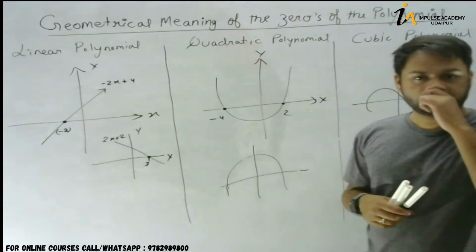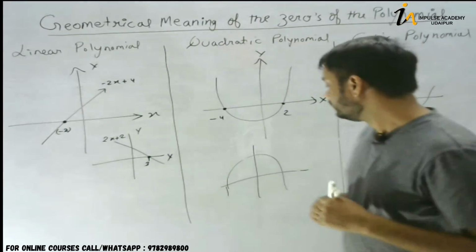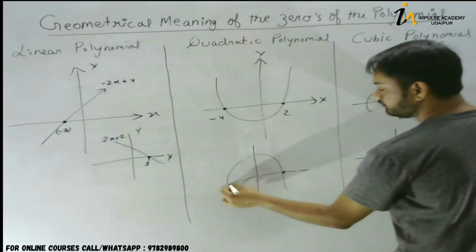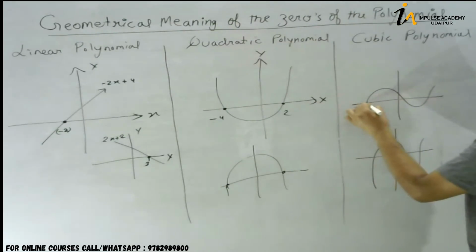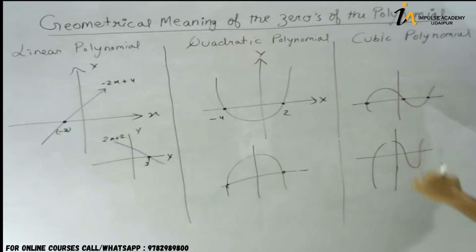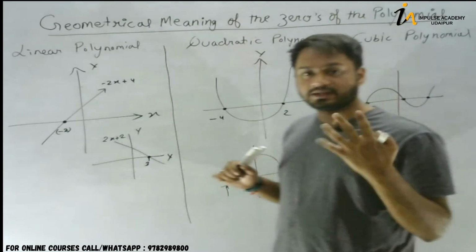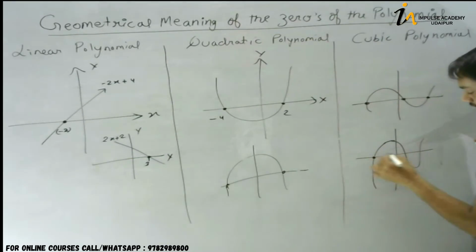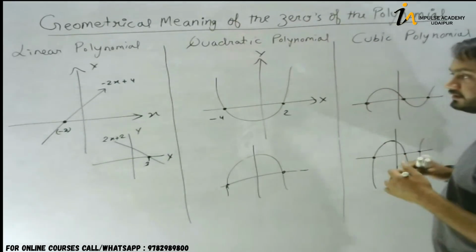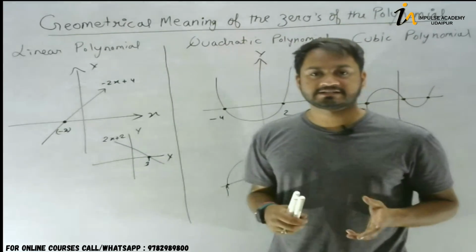So this is how we need to find the zeros of the polynomial. Here we'll get three zeros, 1, 2 and 3, because it cuts the x-axis at three places. So these are the basic examples.